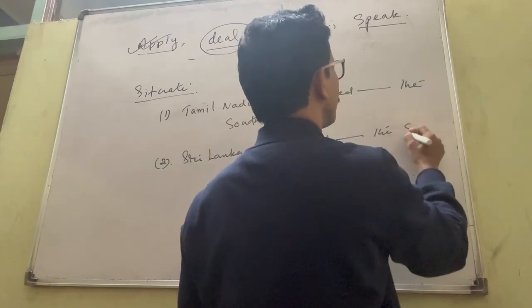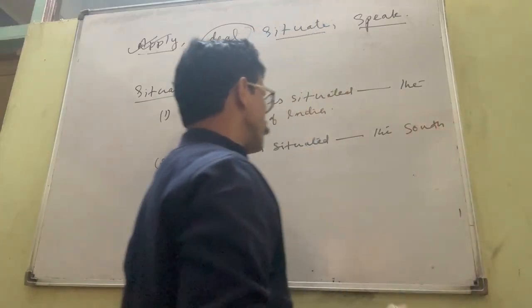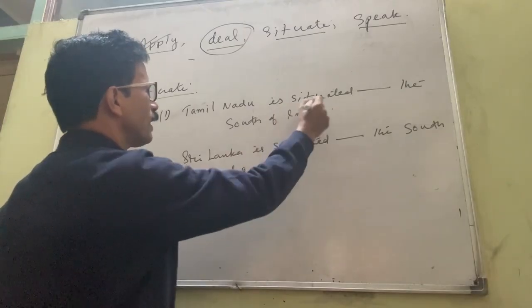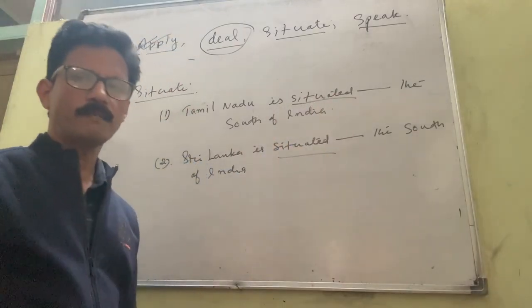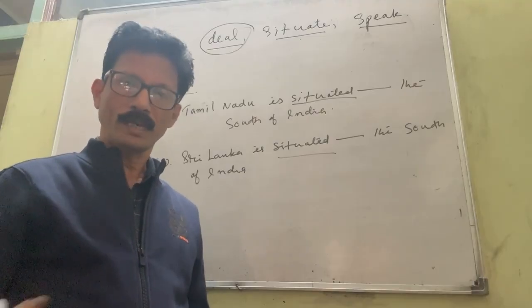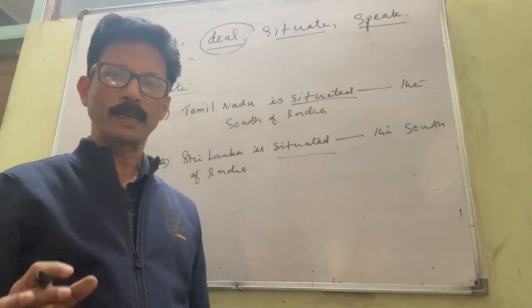So, the south of India. South of India. See, both are situated. Same verb, but what will be the preposition? See, to use the correct preposition, you should understand the difference.